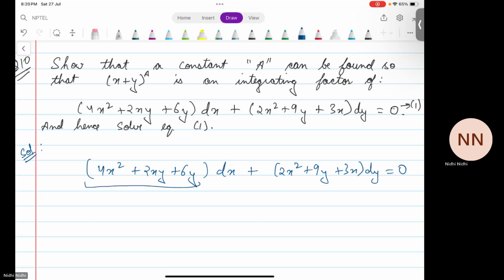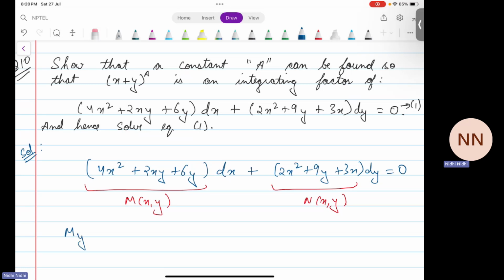Taking this to be a function M(x,y) and this to be a function N(x,y), we can see that the partial derivative of M with respect to y is equal to 2x plus 6, and the partial derivative of N with respect to x is 4x plus 3, which are not equal. Therefore, first is not exact.